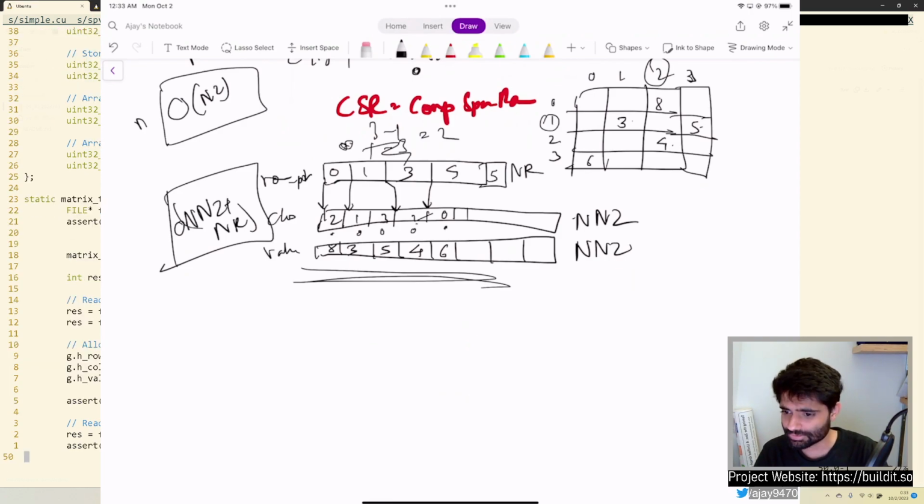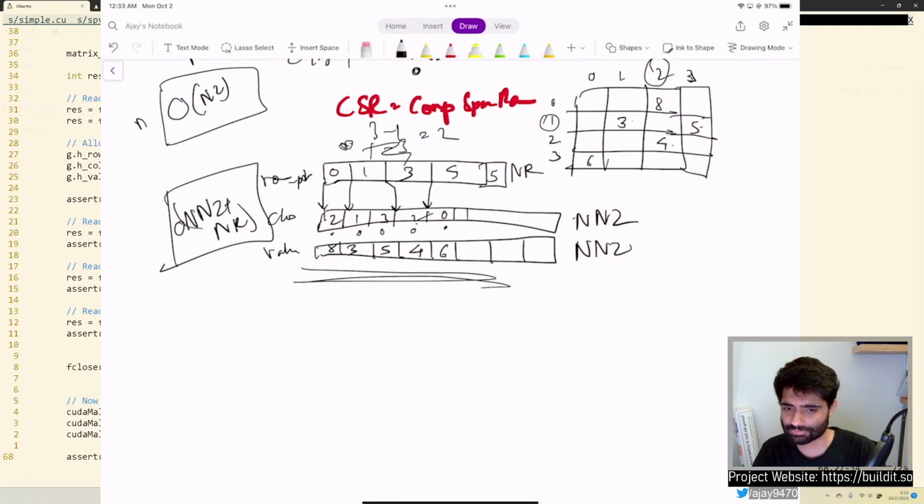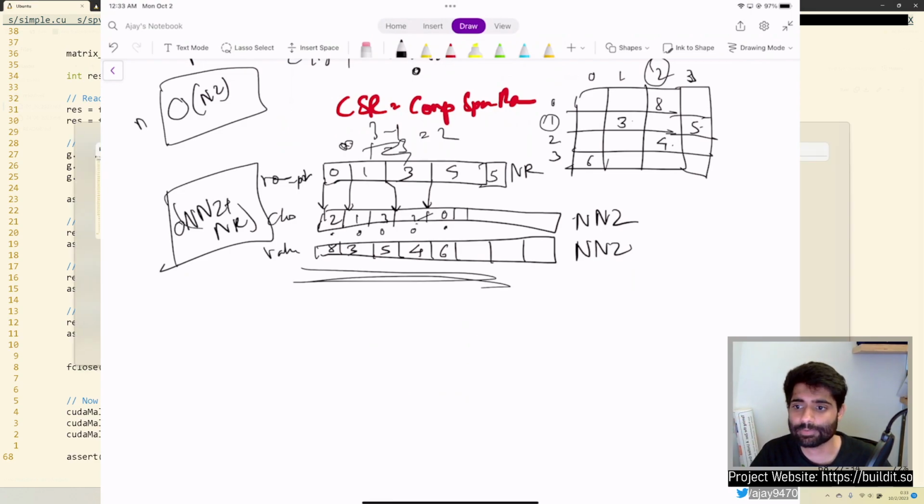And then I just have a graph loader that I borrowed from this project called GapBS. I'll drop a link for that too, since I'm borrowing its implementation.